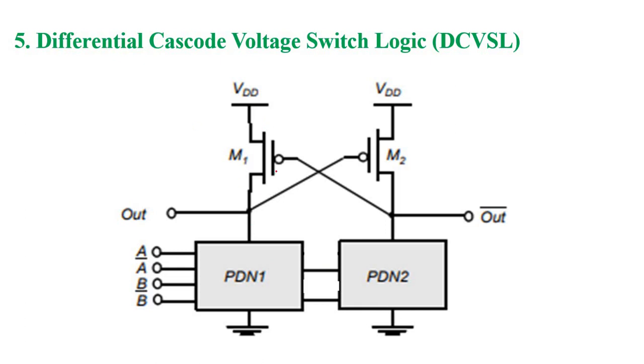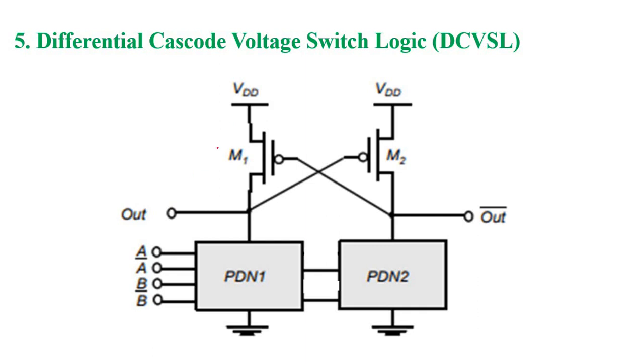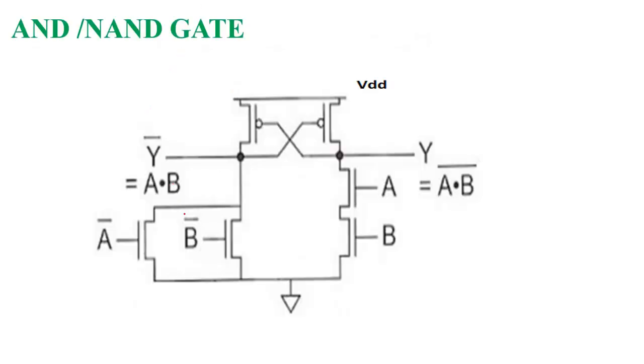So the working principles are all the same, depending upon the input. What is the problem here? Let's see one example, AND or NAND. Those two gates are built using differential cascode voltage logic. Here one output is in the complementary form and the other is in the normal form.